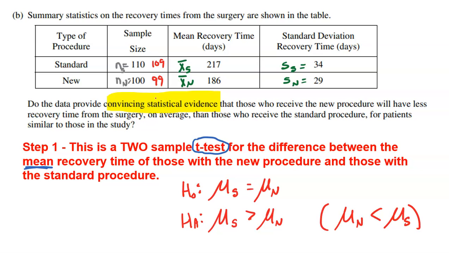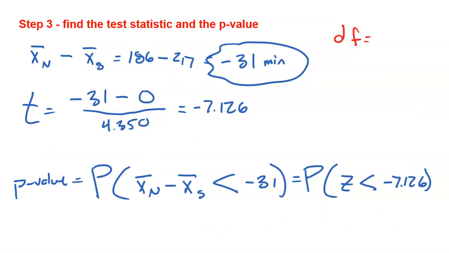So you could use the smaller of the two, or you could add those two together, 99 plus 109, and use 208 degrees of freedom. You could use the official formula, which, I'll be honest, nobody uses because it's so ugly. You could add the two degrees of freedom together to get 208, or you could use the smaller, 99. I'm going to use 208. It really is your preference, but I'll go out on a limb and say that it's not going to make a big difference to your conclusion.